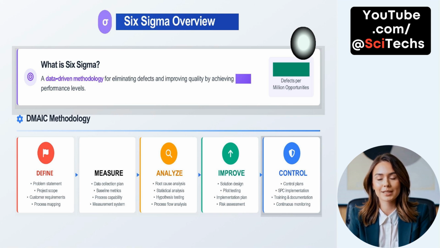During the improve phase, teams design solutions, conduct pilot tests, develop implementation plans, and evaluate risks. Finally, in control, mechanisms are put in place to sustain gains. This includes control plans, SPC integration, training, documentation, and continuous monitoring.